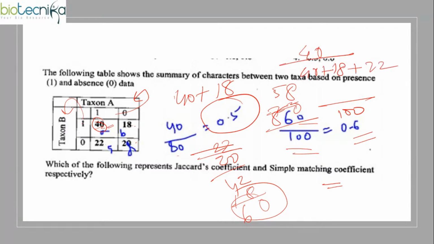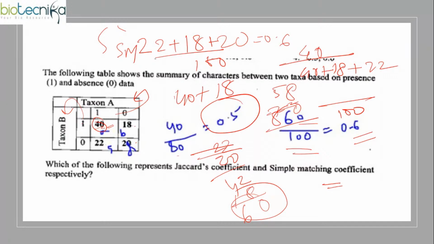And for SSM, we are keeping 22 plus 18 plus 20 divided by 100. And we are getting 0.6. So this is how we have to calculate Jacquard and simple matching coefficient.